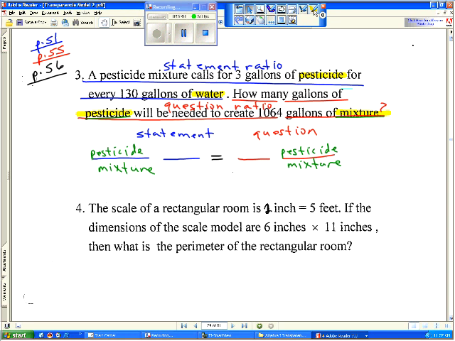All right, in the question, how many gallons of pesticide? We don't know. And so we're going to call it P for pesticide. In the question, how much mixture? 1,064. Now, you know how people mess up.